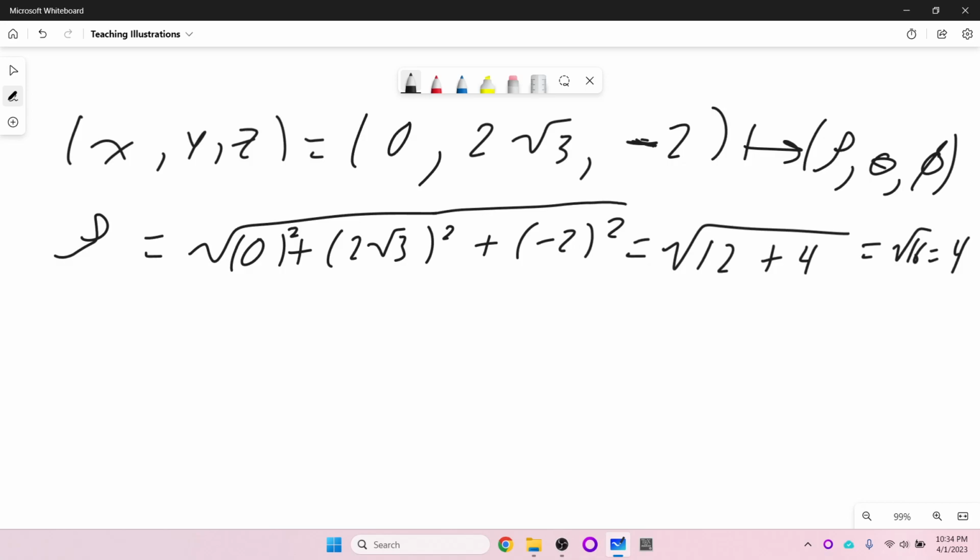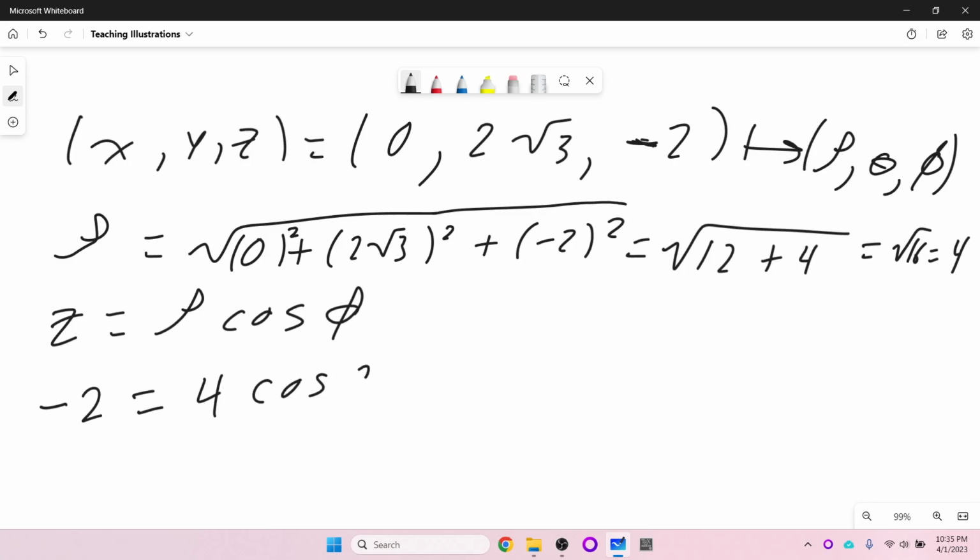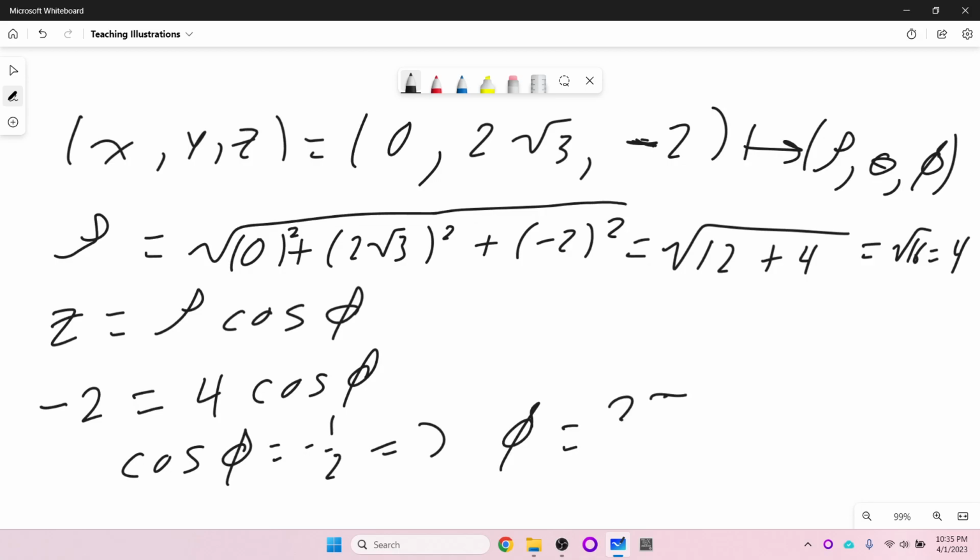Now, we can use our formulas. We just have to sort of solve them backwards. Okay, z equals rho cosine of phi. So negative 2 would equal 4 cosine phi, meaning cosine phi is negative 1/2, and therefore phi is 2 pi over 3.